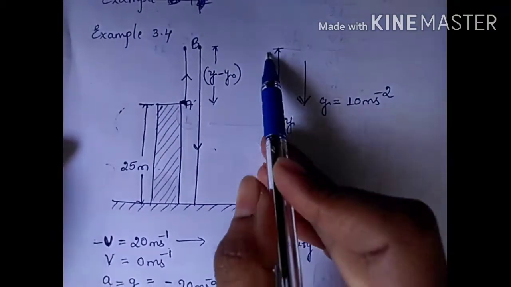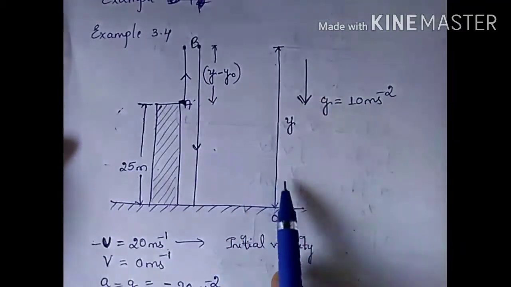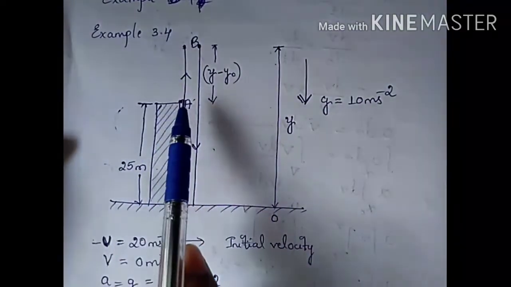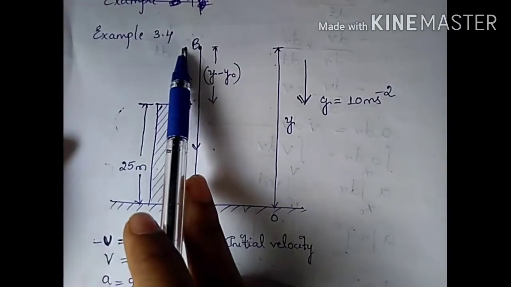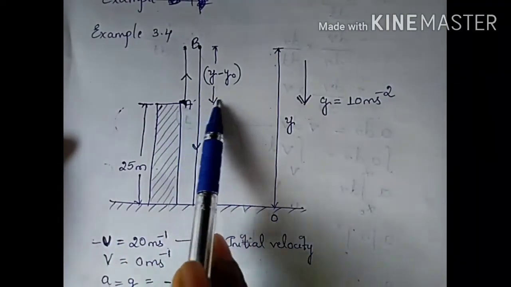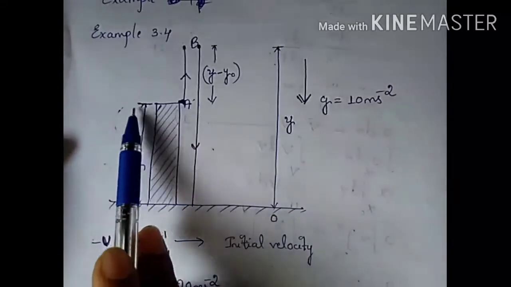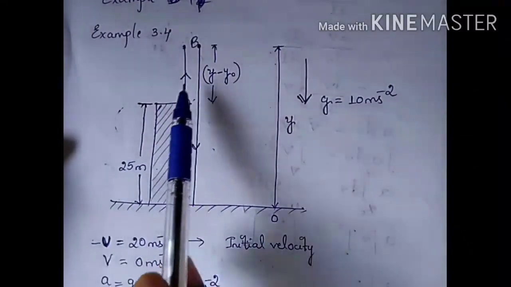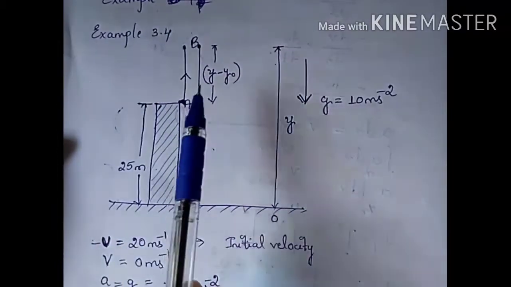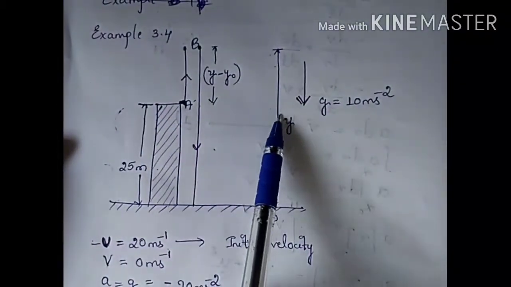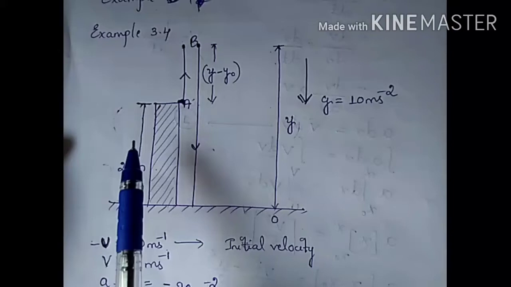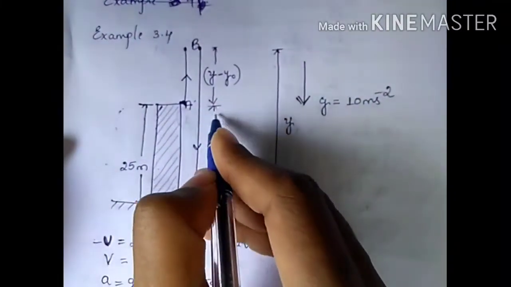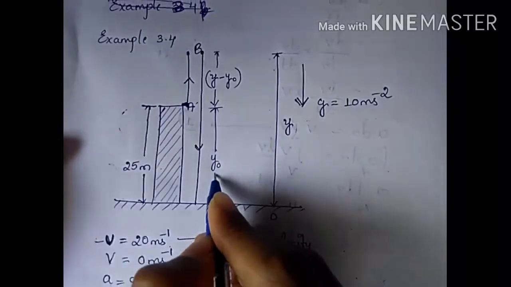Here y is the total height, that is, the height of the building plus the height the ball has risen above the building. If you need only this height, let's suppose the height of the building is y0, and the height AB will be y minus y0.